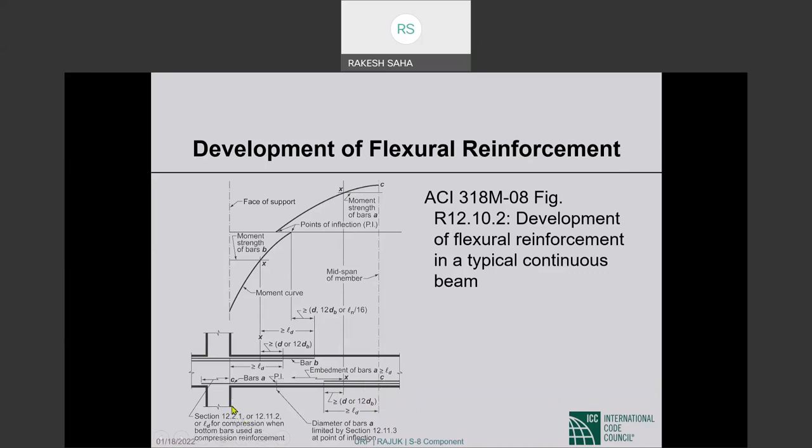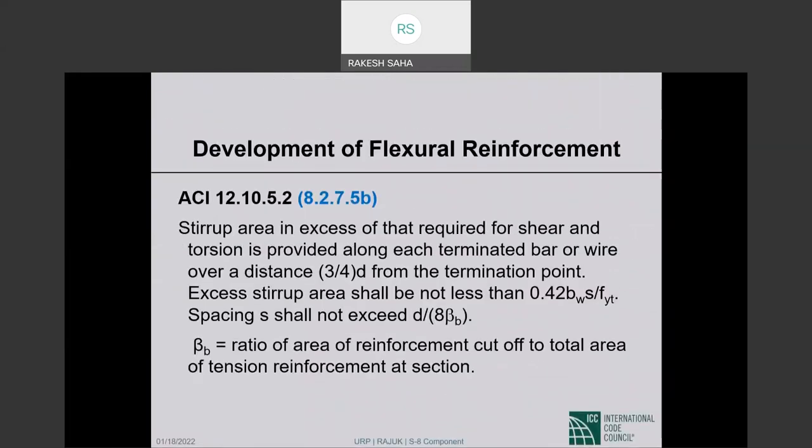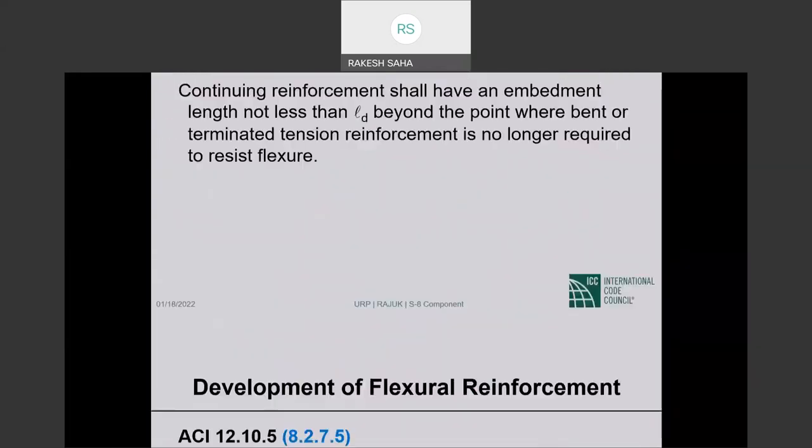And then additionally, this has not come up in discussion so far. These bars that are continuing into the support must have l sub d for compression, or they have to satisfy 12.21 and 12.11 too. You can look those up. Anyway, the illustration shows mostly what was said.